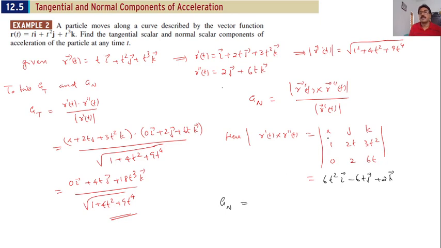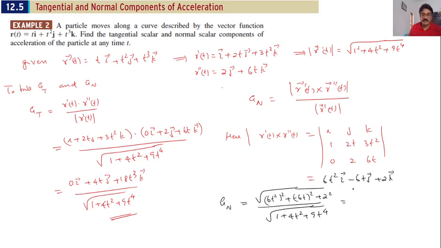by the modulus of this vector, that is square root of (6t square) the whole square plus (minus 6t) the whole square plus 2 square, divided by modulus of r dash t, which is square root of 1 plus 4t square plus 9t raised to 4.